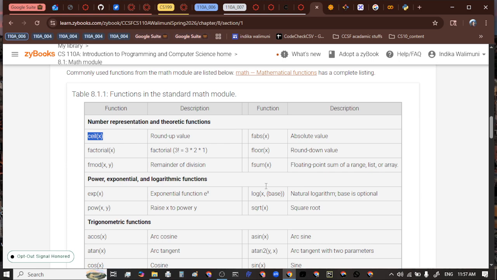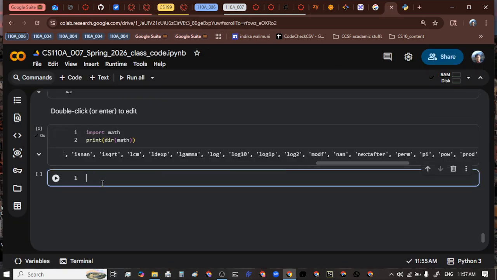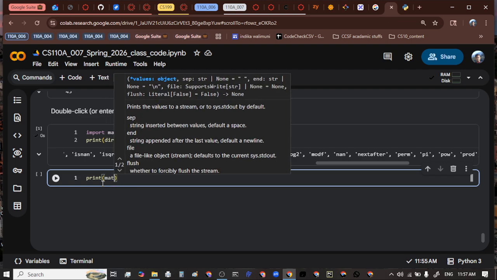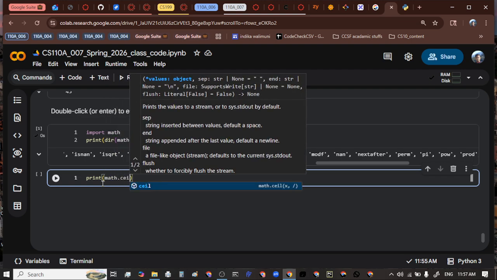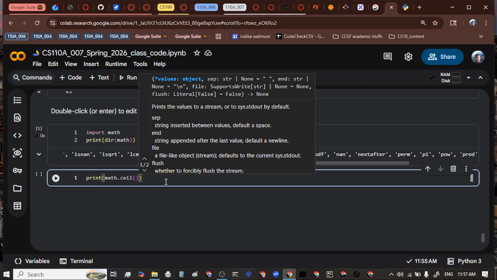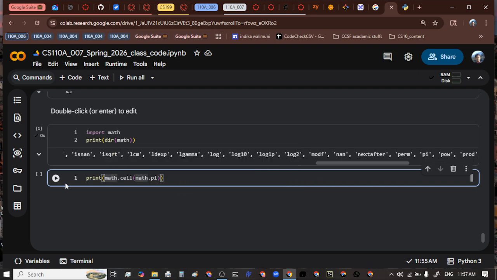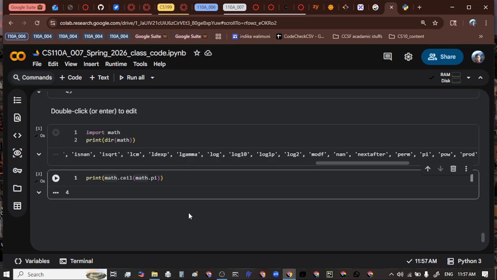If I print math.ceil of math.pi, that's pi's value, and I get 4.